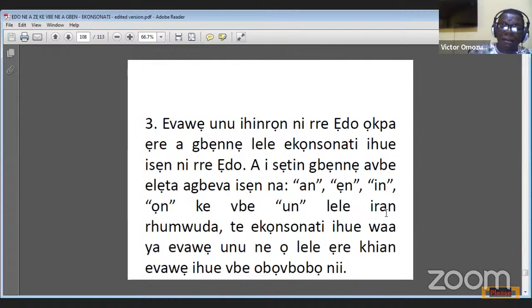Here, a vowel. It's an automatic process. So here an oral vowel in the environment of a nasal consonant, because any of the seven oral vowels are automatically nasalized.